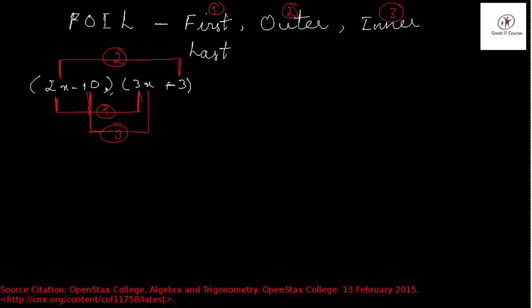And then you multiply this one with this one, which is called last. This is step 4. Then you add all of these together and simplify, and you'll have your answer. So this is also called FOIL.